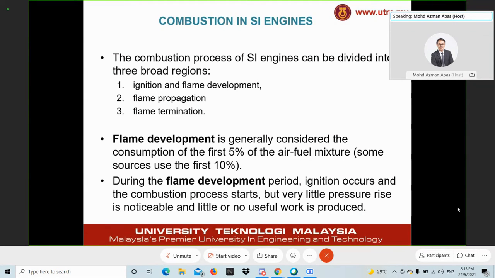So the combustion process of an SI engine can be divided into three broad regions.